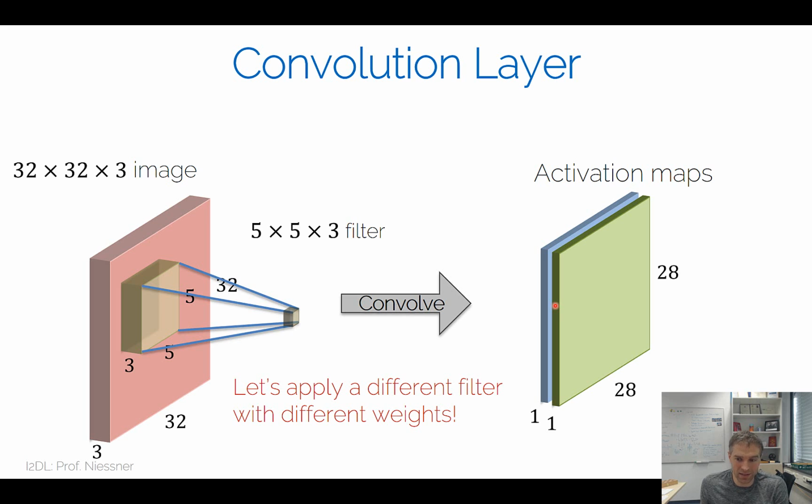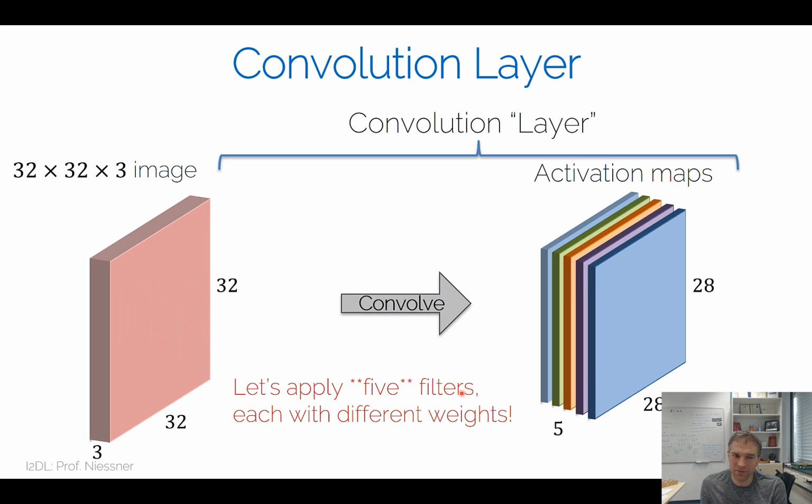Okay, and the idea here is that we're not just going to use 2. In fact, we're going to use many more. So if I use 5 filters, each with different weights, I'm going to get as output a 5 times 28 times 28 dimensional feature map. And that's what the conv layer is about. So this is actually all we're doing at this point.